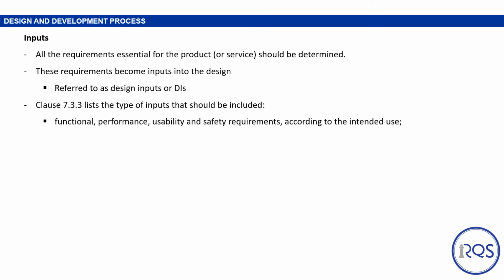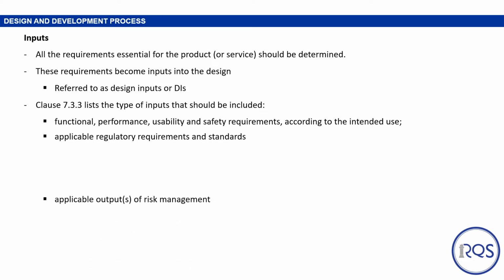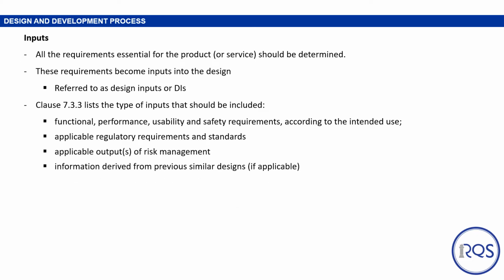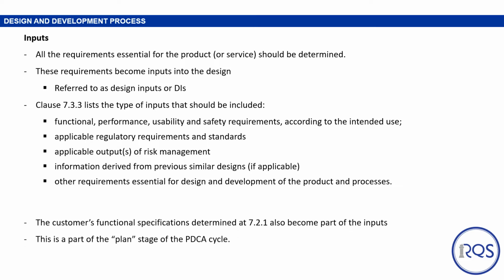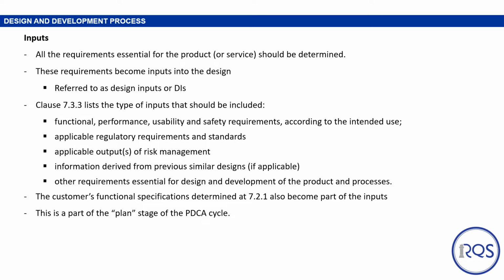These include functional, performance, usability, and safety requirements, regulatory requirements, applicable outputs of risk management, information derived from previous designs, or other requirements essential for the design and development. The customer's functional specifications determined at Clause 7.2.1 also become inputs. This is a part of the plan stage of the PDCA cycle.